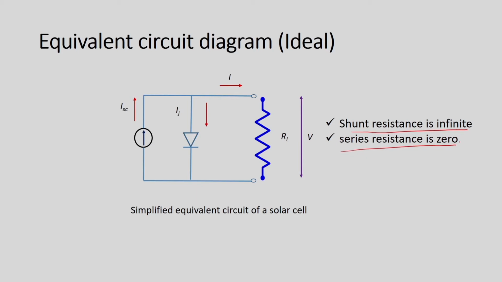So, here we have only the current source, then Ij is the junction current, and I is the current flowing through the load resistance having a voltage drop of V. Now, our intention is to calculate P max, the maximum power which can be provided by a cell. For that we need to calculate what Im is and what Vm is. Let us see how this can be calculated.